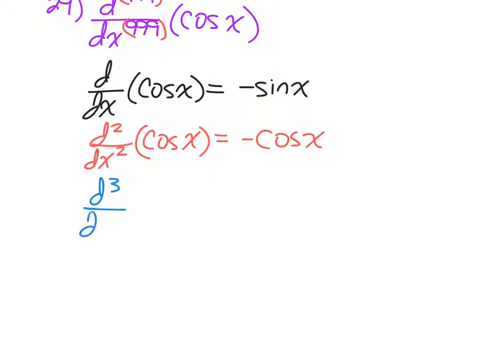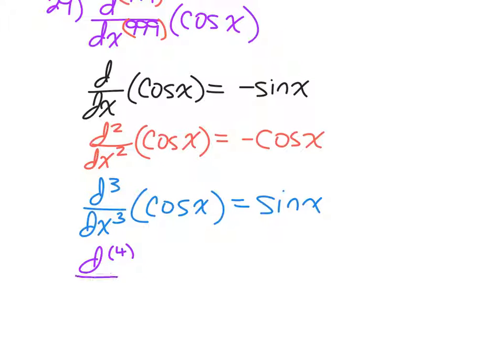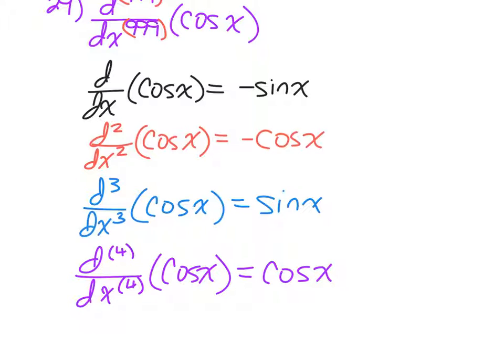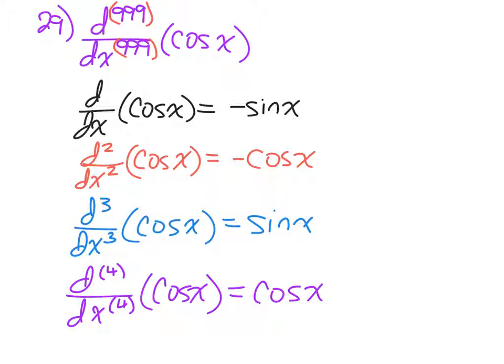Third derivative. Sine x. Very good. Fourth derivative. Cosine x. So what happened? Back to where I started. It's a cycle. So it's a mod 4 cycle.